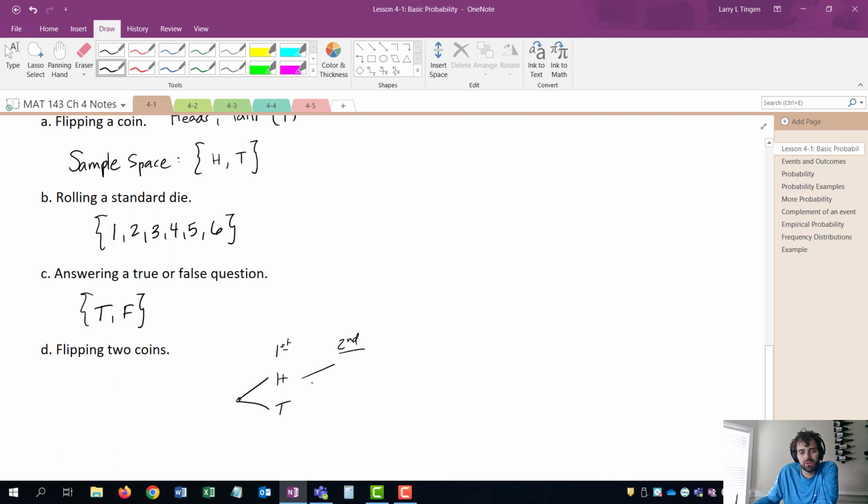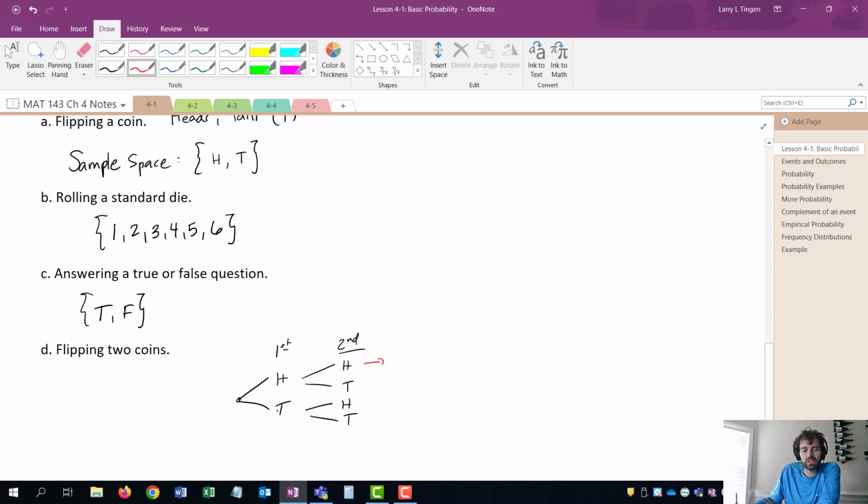All right, so after I flip the first coin, I then flip the second coin. The first coin can come out heads or tails. The second coin can come out heads or tails. Now, why did I use this tree? Because now I can trace this tree back and get all the possible outcomes, right?